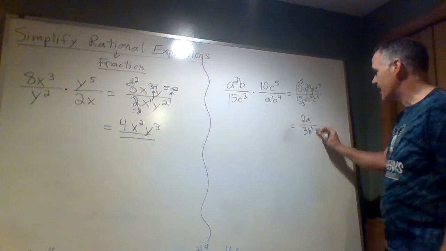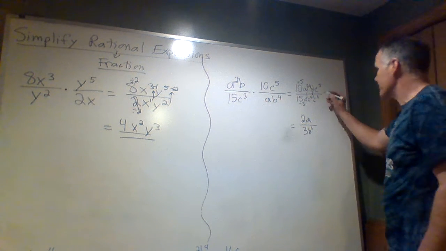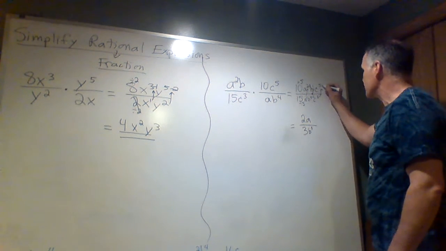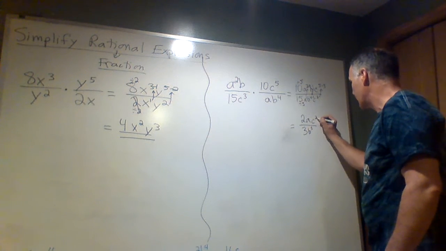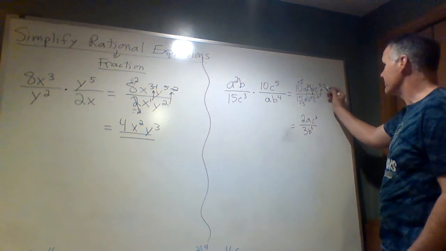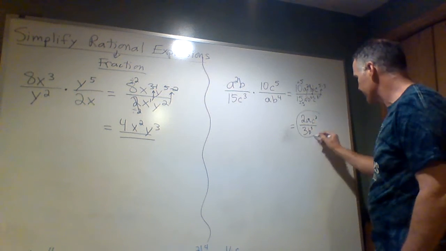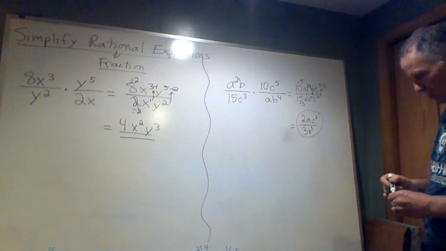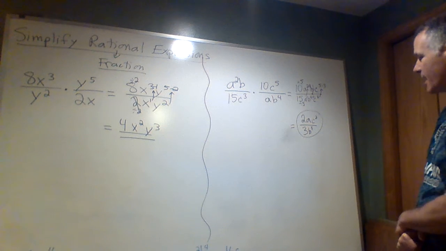In the last step, the c3 goes up and subtracts from the c5, so that's going to make a c2 in the numerator. 5 minus 3. And boom, there's our answer. So 2ac2 in the numerator divided by 3b3.